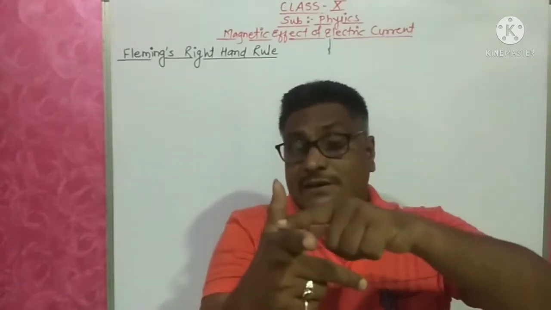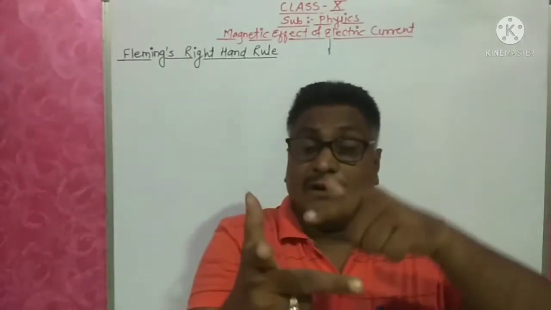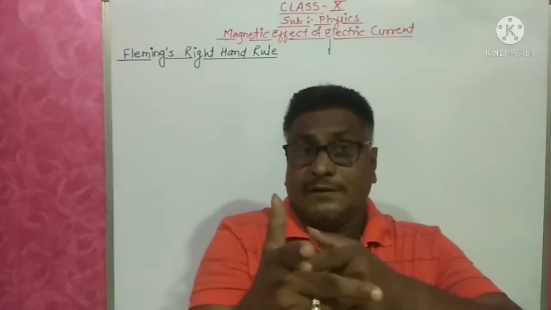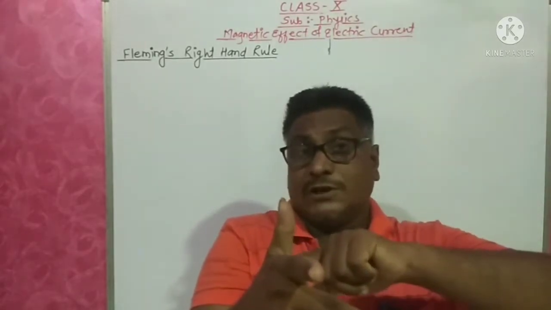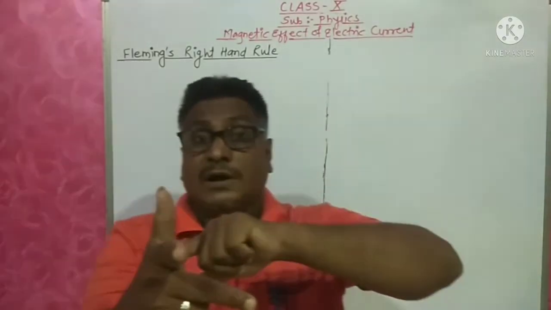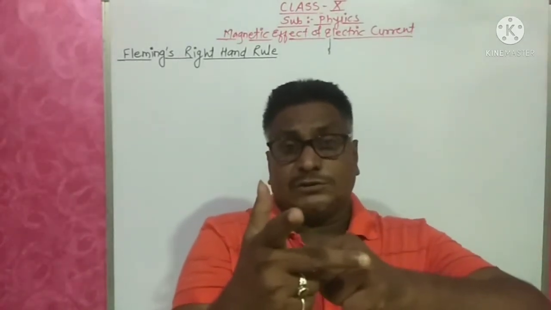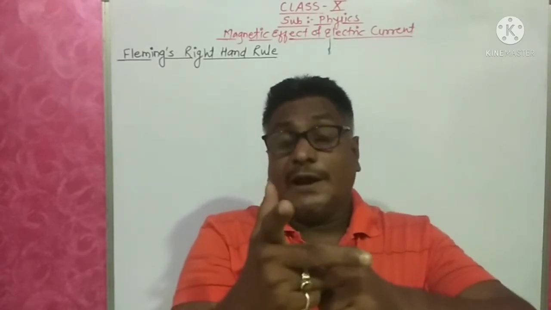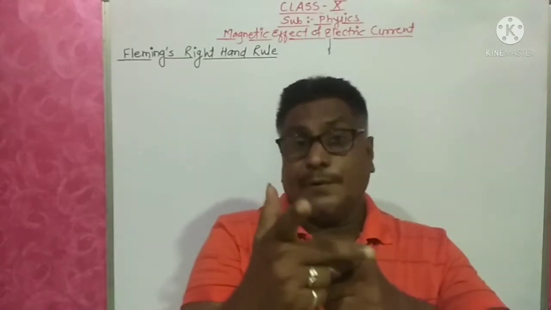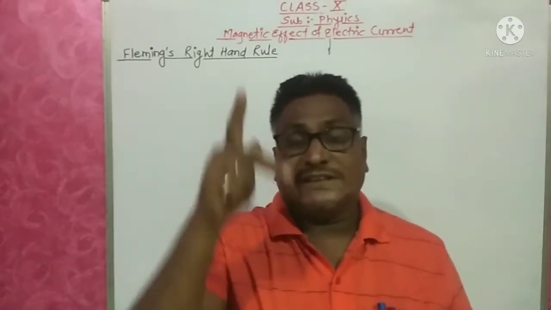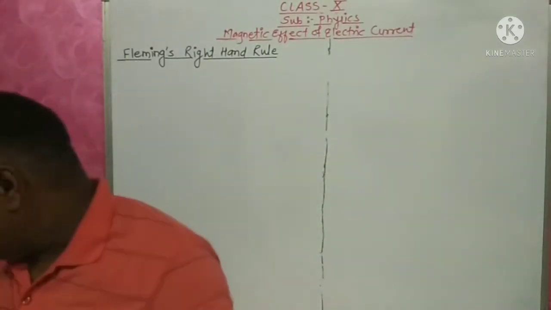The thumb stretched upward shows the direction of motion of conductor, and the middle finger shows the direction of induced current. This statement is called Fleming's right hand rule.